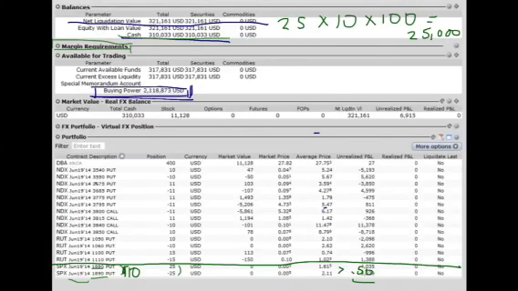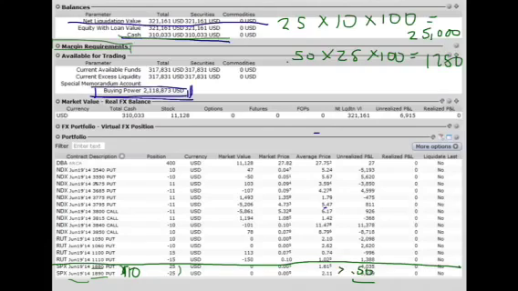We're going to look at what we got in return. We got 50 cents times the 25 times the 100, and that's going to give us $1,250.